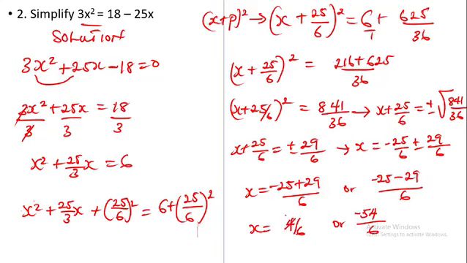Dividing by 2 here will give us 2, and 6 divided by 2 will give us 3. Then for this, 54 divided by 6 will give us 9, so we have x equal to 2/3 or −9. So these are the two values of x, 2/3 or −9.